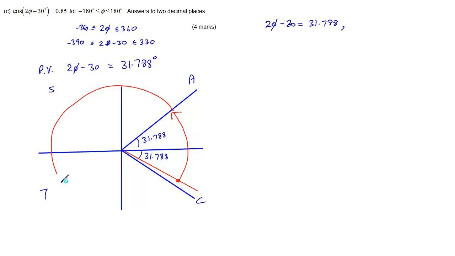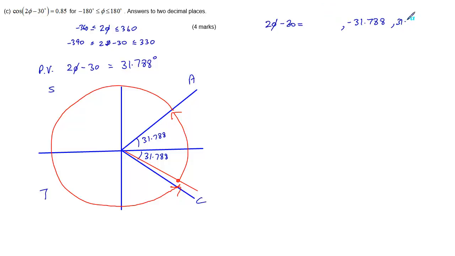Then the next one we find is when we get around to here, and that's going to be at negative 31.788, and this just struck me that 31.788 is not that one. It comes later.